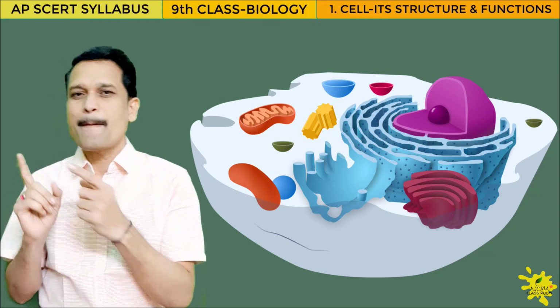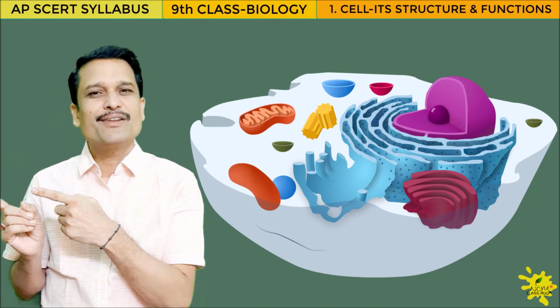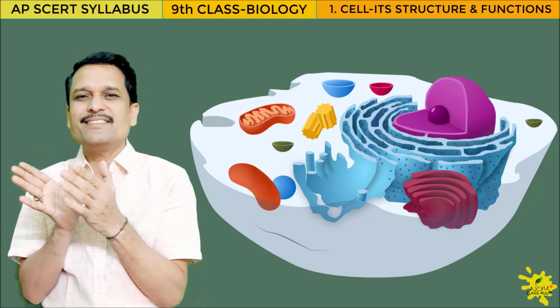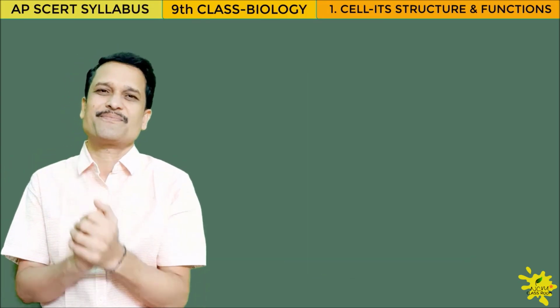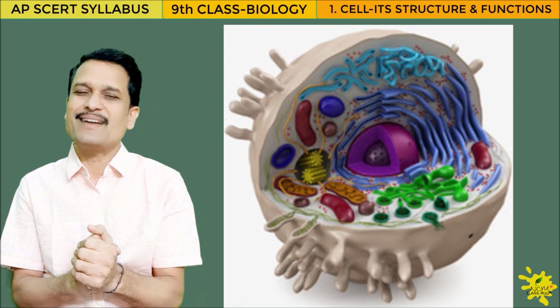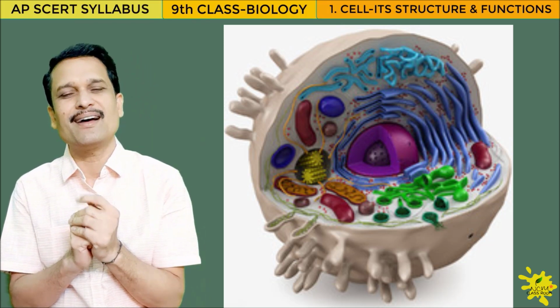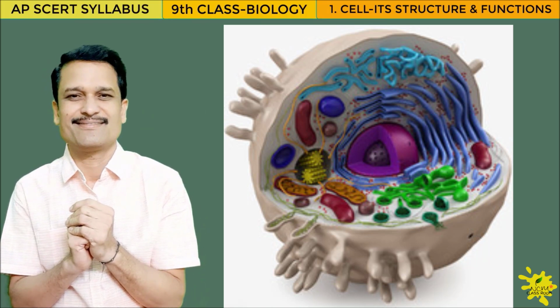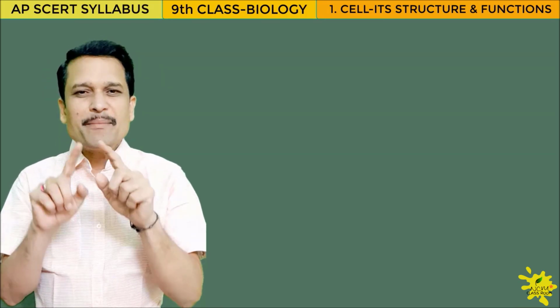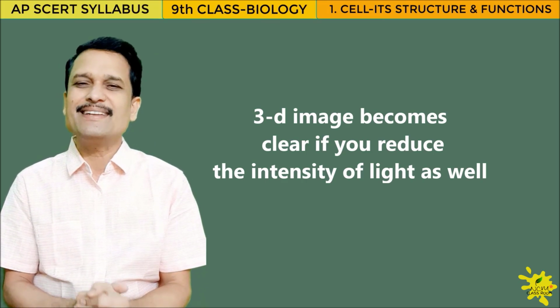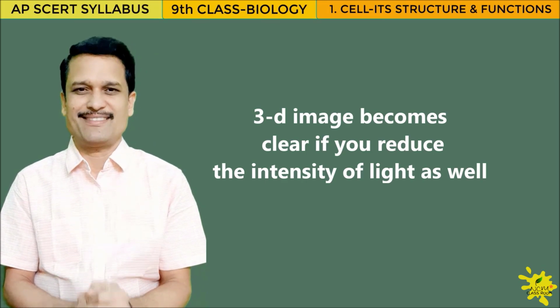The easiest method to observe the thickness of the cells is just by changing the light focus while viewing plant cells on the slide. You will find that you are able to see the thickness of the cell. This three-dimensional image becomes clear if you reduce the intensity of light as well.